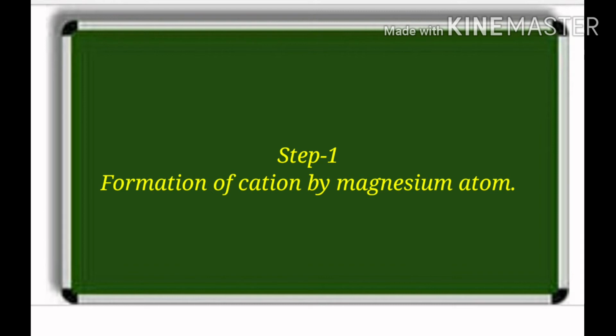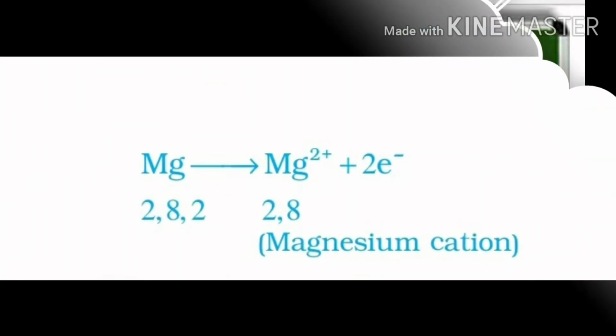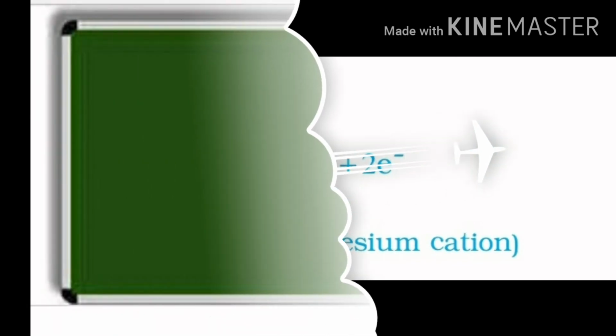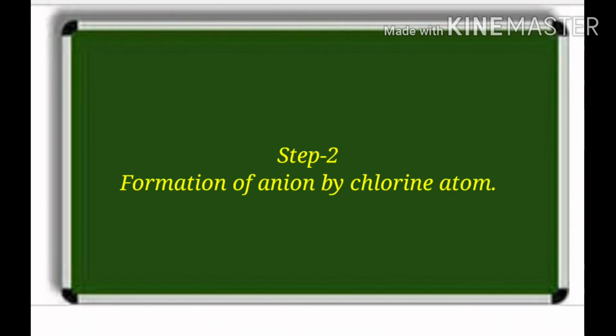Step 1, formation of cation by magnesium atom. Step 2, formation of anion by chlorine atom.